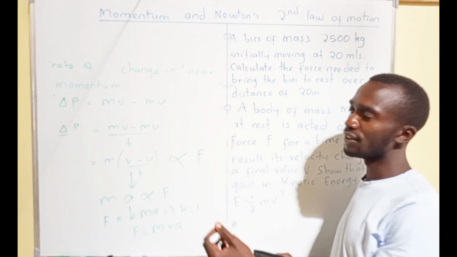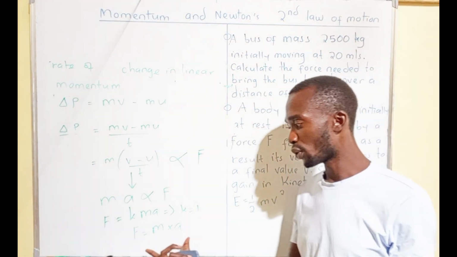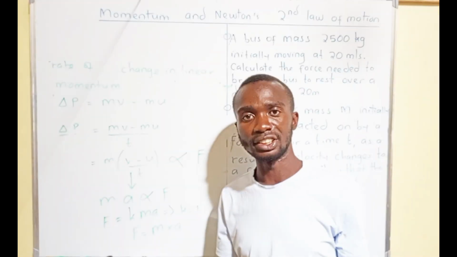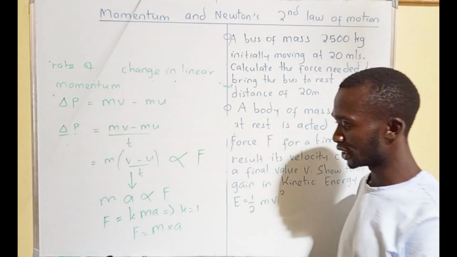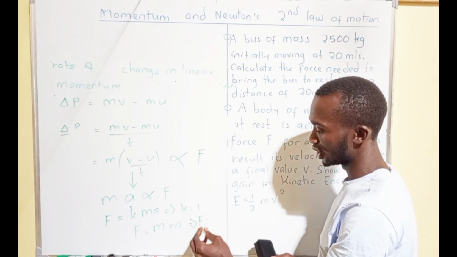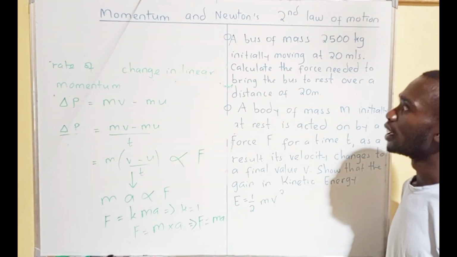From the definition of Newton's second law of motion, we have derived the equation connecting force, mass, and acceleration: force is equal to mass times acceleration. F is equal to ma.